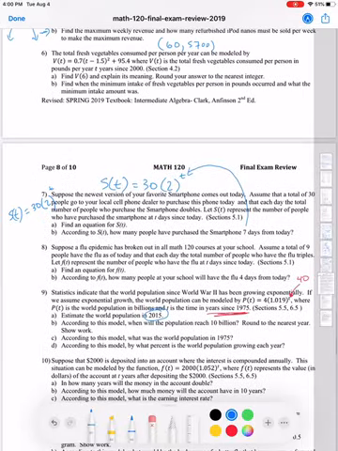So I'm going to replace p of t with 10. And then I need to be able to solve for t. All right, so first I'm going to get rid of this 4 by dividing by 4 on both sides. 10 divided by 4 gives you 2.5.